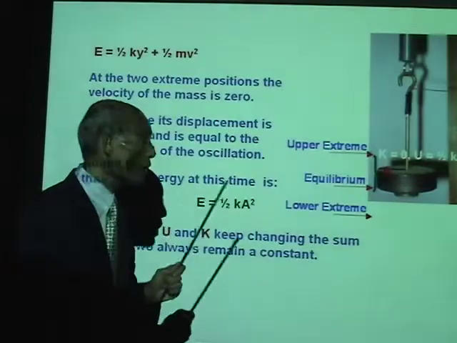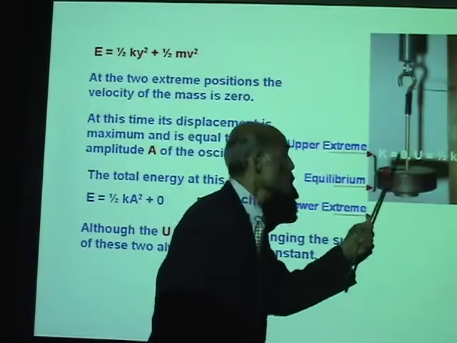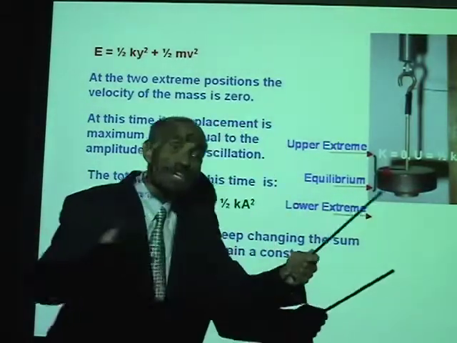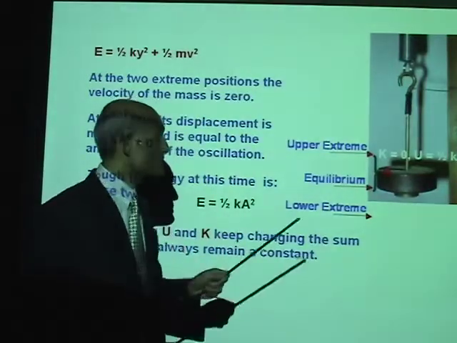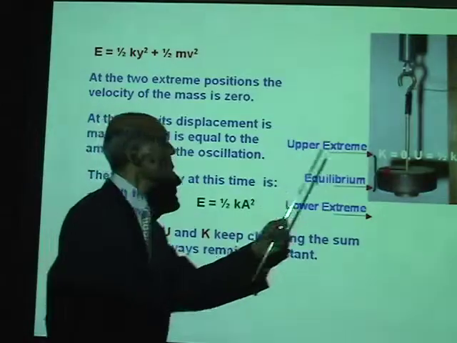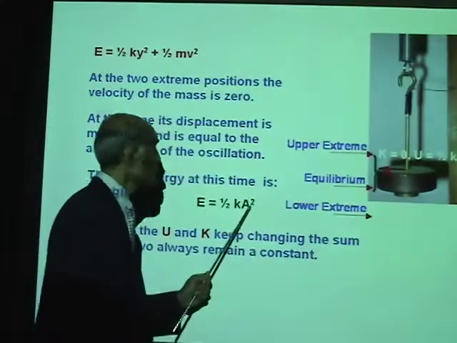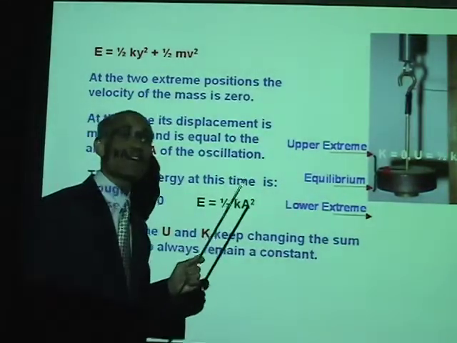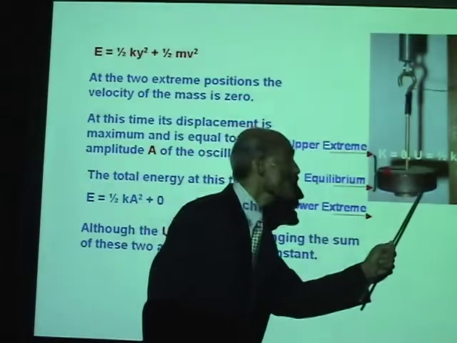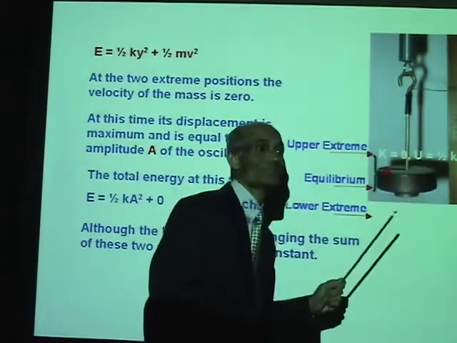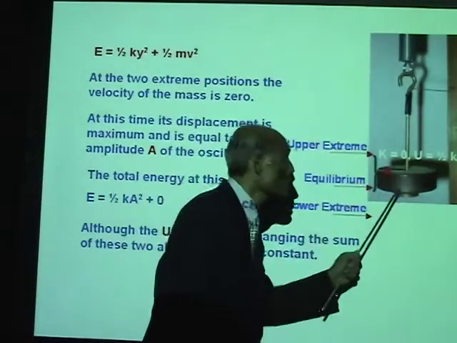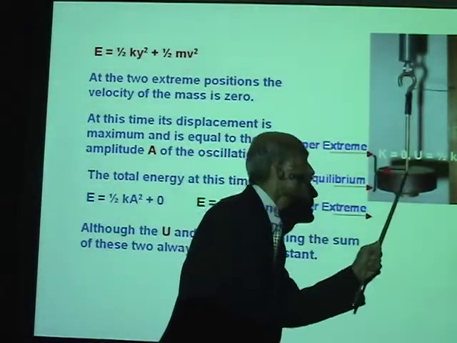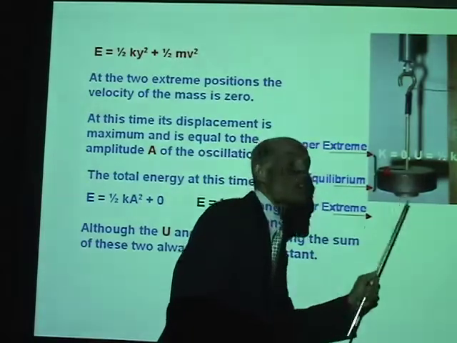Although the potential energy and the kinetic energy keep changing, the total energy will not change. So, if the total energy at the upper extreme is 1/2 k a squared, what will be the total energy at the equilibrium? It should also be 1/2 k a squared. What will be the total energy anywhere when the object is oscillating?